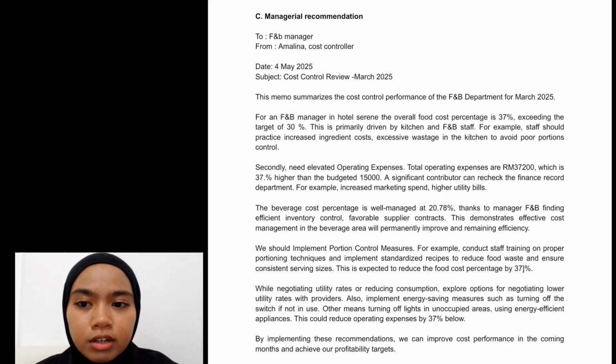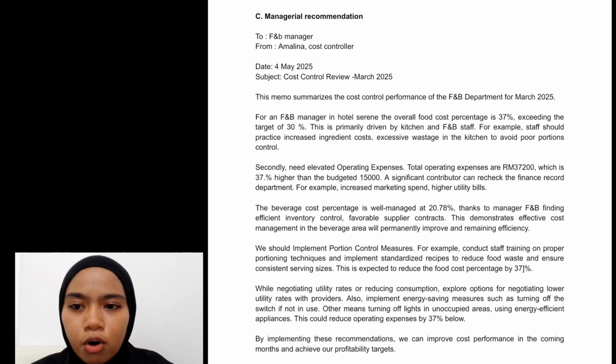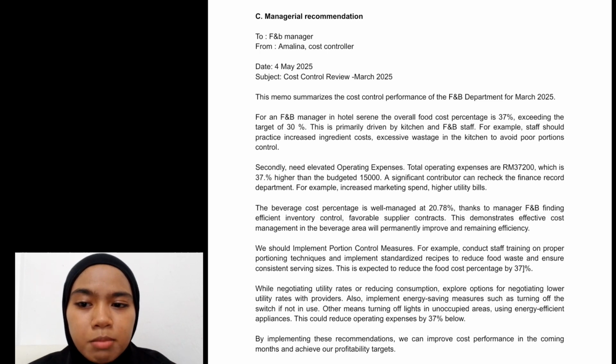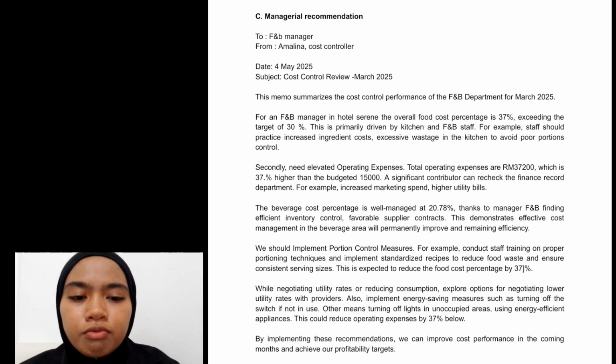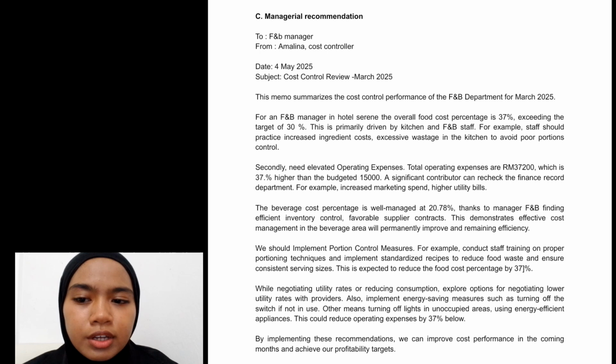For managerial recommendations to the F&B manager on cost control, this memo summarizes the cost control performance of the F&B department for March 2025. For the F&B manager in the Hotel Sharina, the overall food cost percentage is 37%, exceeding the target of 30%.